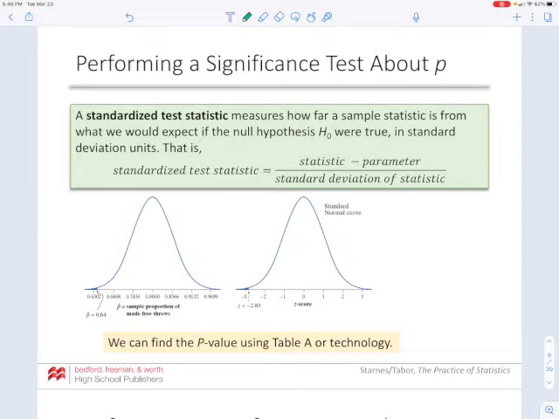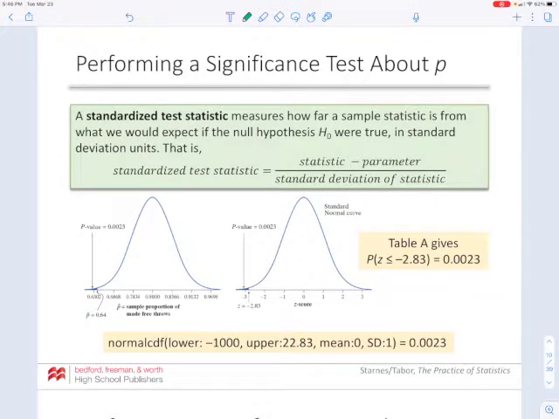Then you can find the p-value using either the table or your calculator, same things that we've done before. Using the table, we get 0.0023, and using our calculator, 0.0023. Remember, on the exam, calculator speak or language is not accepted as justification, so make sure you provide adequate information.